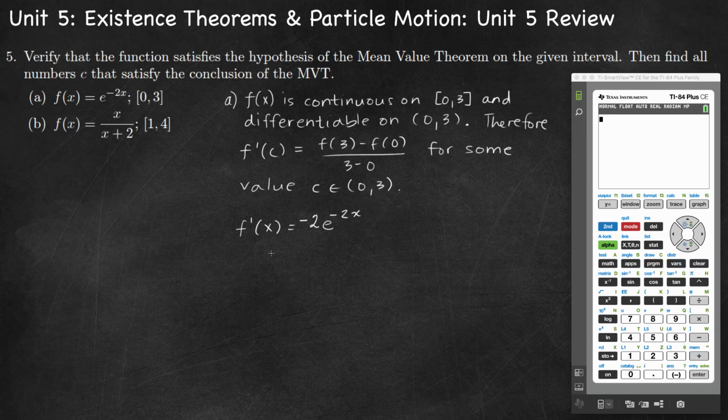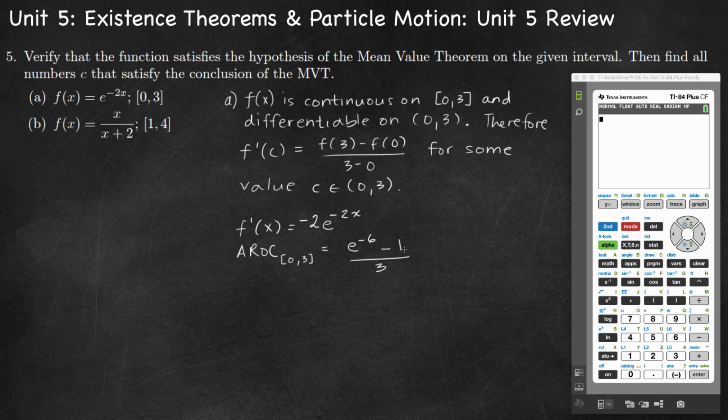And then my average rate of change on the interval from 0 to 3. That's our f of 3 minus f of 0. So f of 3 is going to be e to the negative 6 minus f of 0, which is e to the 0, which is 1, over 3 minus 0, like so.